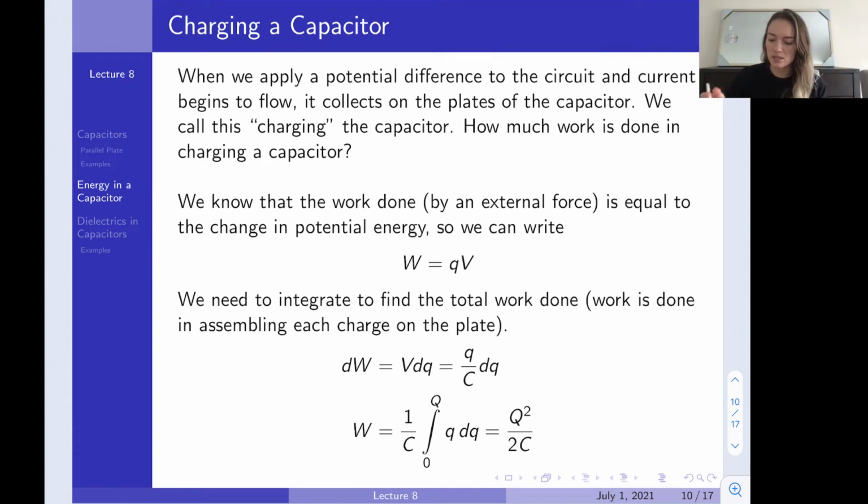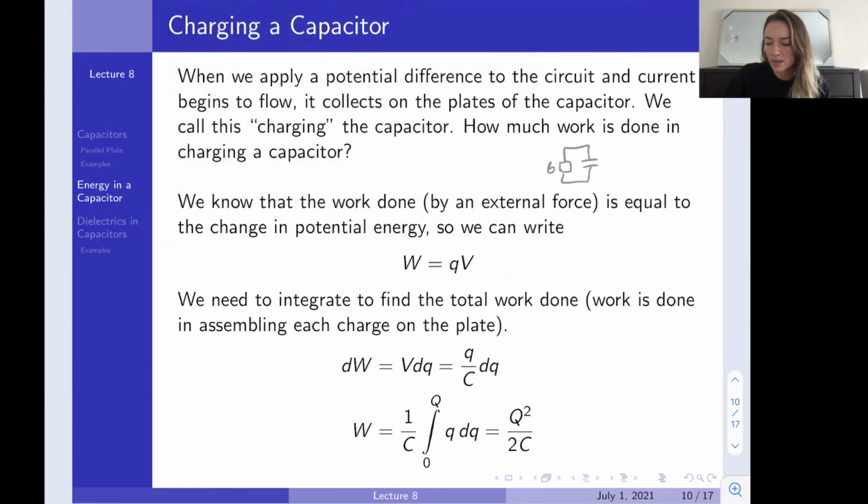So basically, just a little bit of circuits. Let's say we have some battery here, and then we have a capacitor. This is how we're going to draw capacitors when we do circuits. So we've got a little circuit here: some wires, a battery, and our capacitor. That battery will make a current flow through our circuit, and charge will collect on each of these plates.